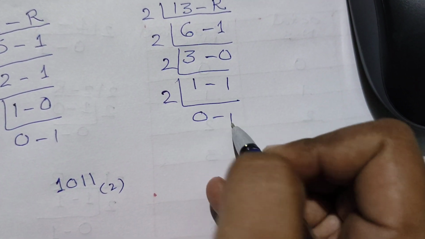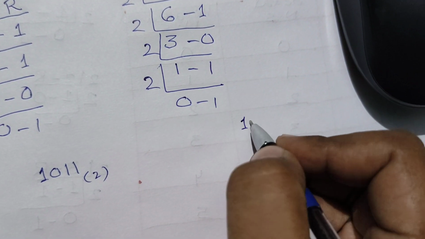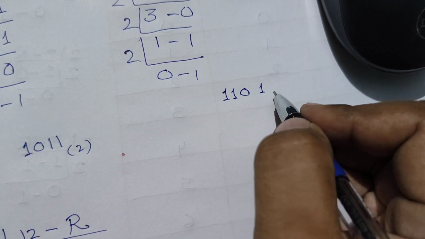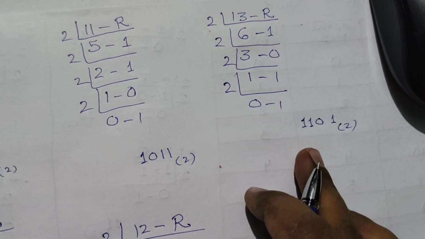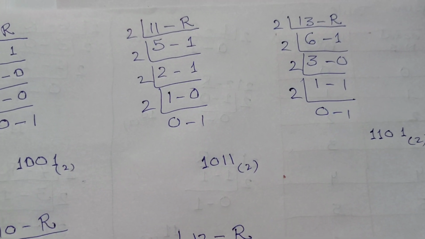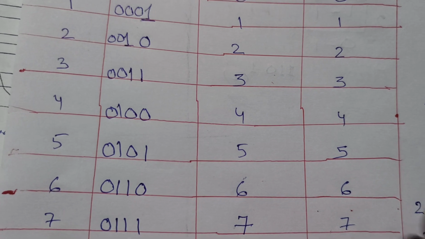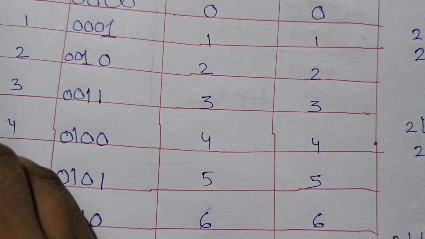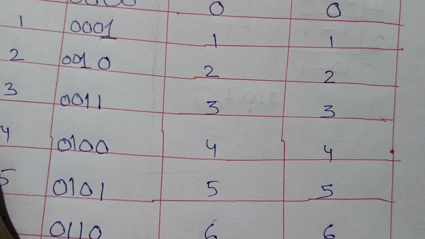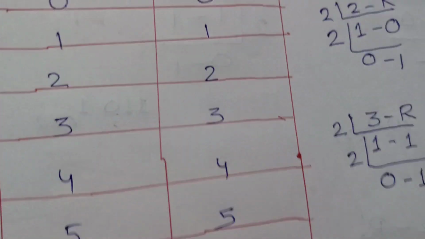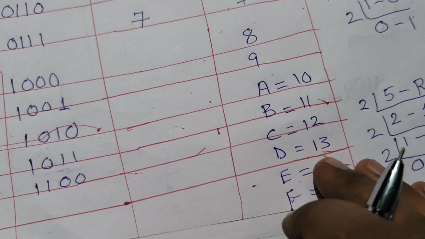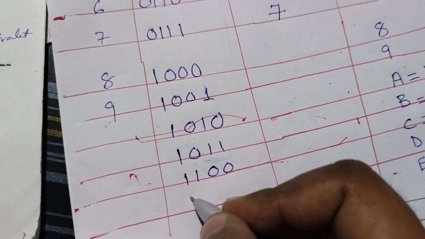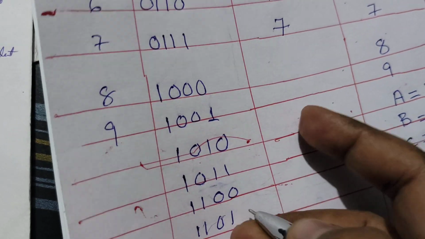Now this is 0 1. 1101, 1101 to the base 2. The value of 13 in binary number system is 1101.